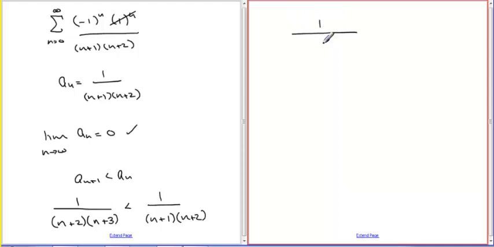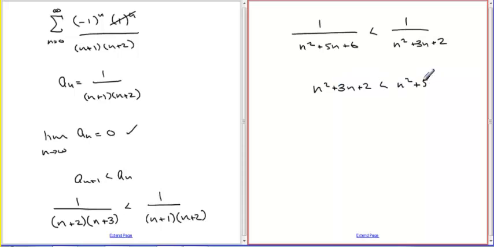Let's multiply this thing out. So we get 1 over n squared plus 5n plus 6 is less than 1 over n squared plus 3n plus 2. Cross multiply. n squared plus 3n plus 2 is less than n squared plus 5n plus 6.